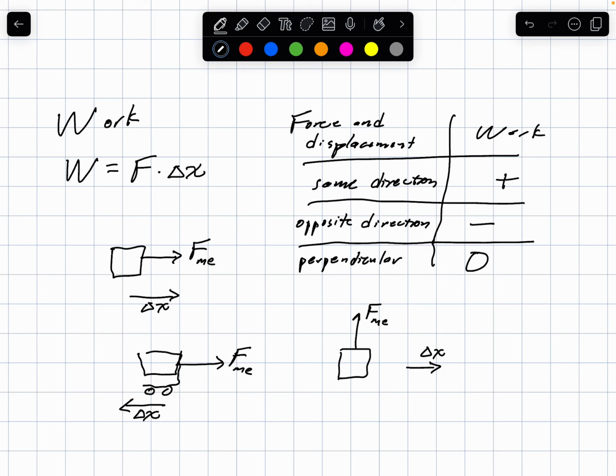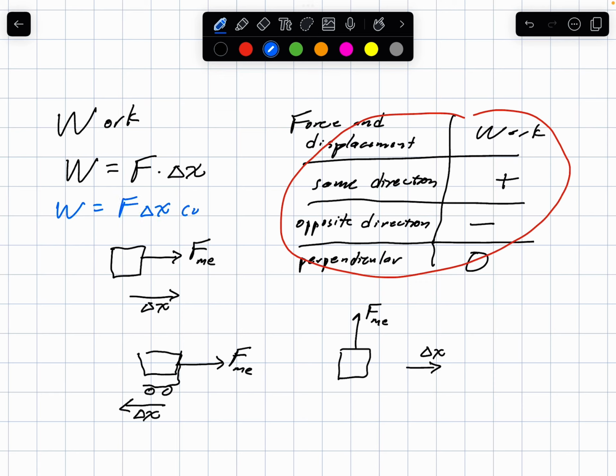Okay, now here's a little bit of an advanced piece to this. This relationship that we see here is summarized if we change this equation to become work equals F delta X cosine of theta, where theta is the angle between the force and displacement, right?